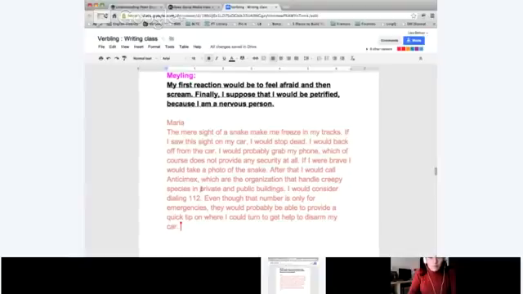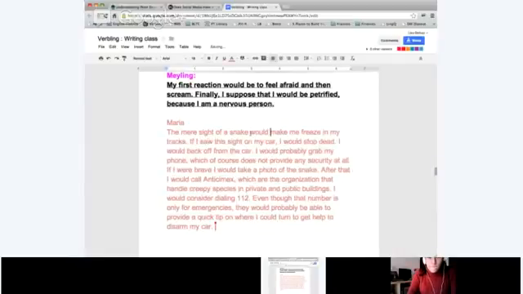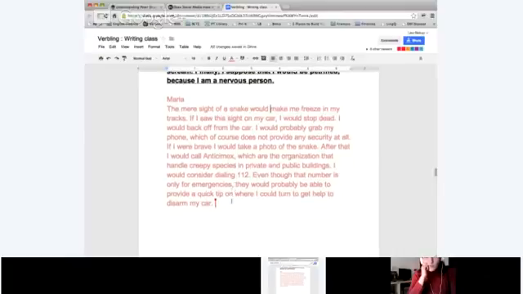The mere sight of a snake would make me freeze in my tracks. If I saw this sight on my car, I would stop dead. I would back off from the car. I would probably grab my phone, which of course does not provide any security at all. If I were brave, I would take a photo of the snake.